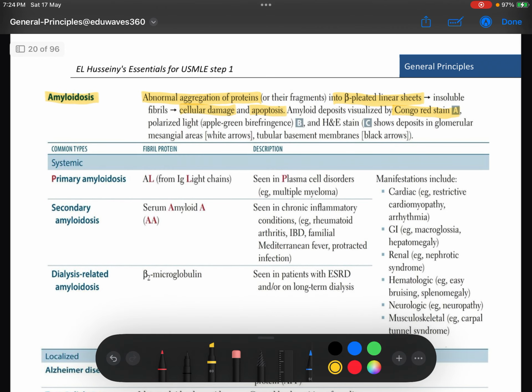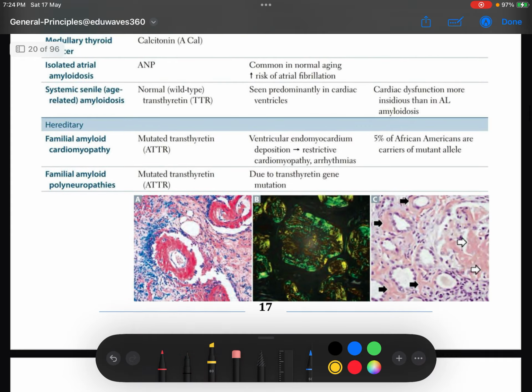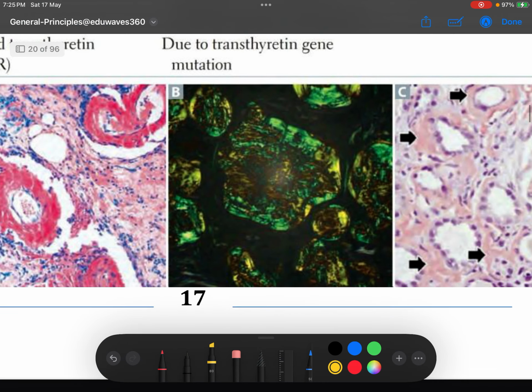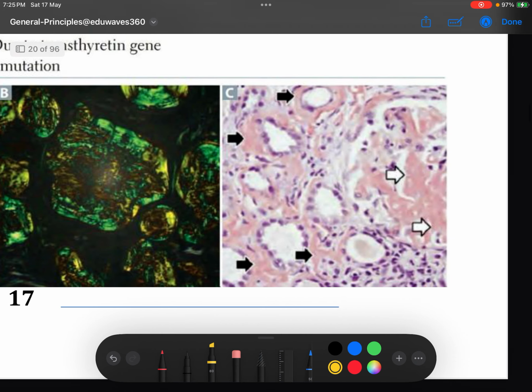Next, on H&E stain, amyloid appears as amorphous eosinophilic material. In this image you can see the glomerular mesangial areas, shown by the white arrows, and the tubular basement membranes, shown by the black arrows.